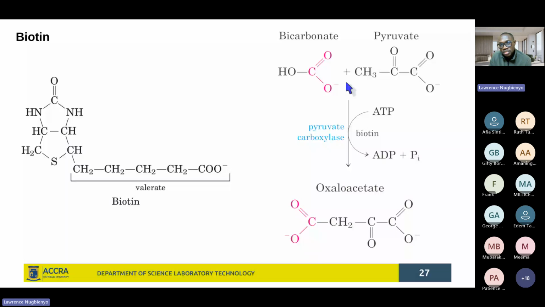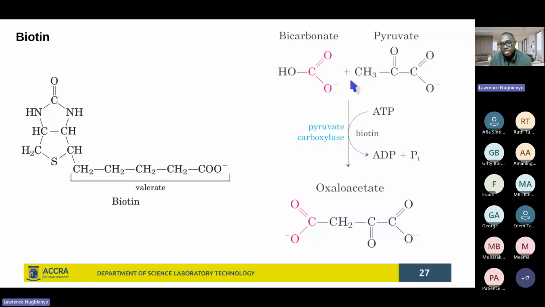And you see it's involved in the transfer of the carboxylic acid group. So we see bicarbonate, the COO group is in red, to track it, to see when it goes onto pyruvate.